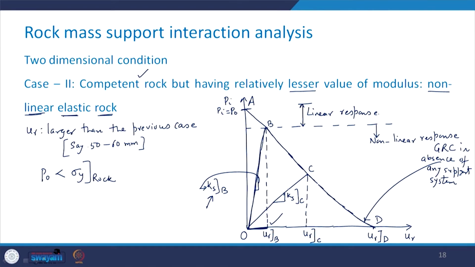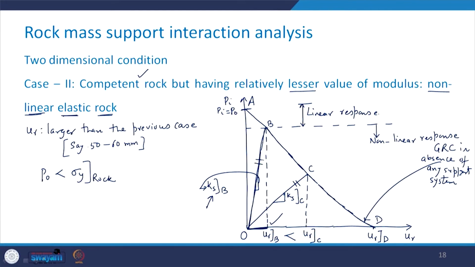As you keep increasing the permissible value of the deformation, like here in this case, you see that URC is more than URB, and the slope of this line is much less as compared to the slope of this line.